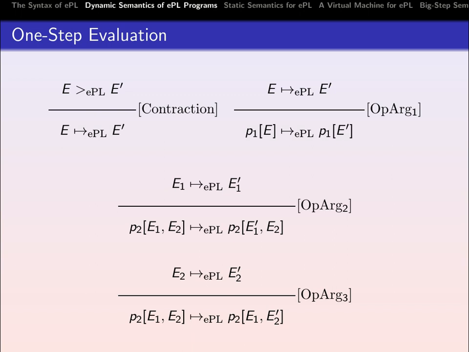We're introducing names for each of the rules on the right side. Because this comes from the contraction rule, we call it contraction. Then we're going to say if E one-step evaluates to E prime, then operator applied to E one-step evaluates to operator applied to E prime. All right? Does it make sense? What does this mean?